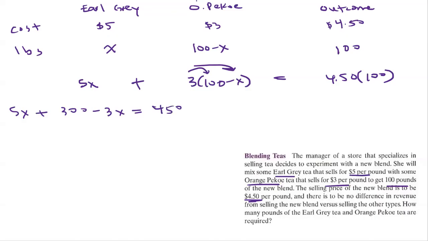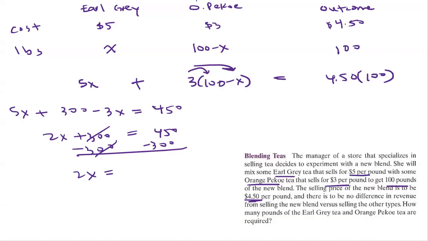Okay, so 5x minus 3x is 2x plus 300 equals 450. And then we're going to subtract 300 on both sides. So that's gone. So 450 minus 300 is 150. Then divide both sides by 2. So X gives us 75 pounds.